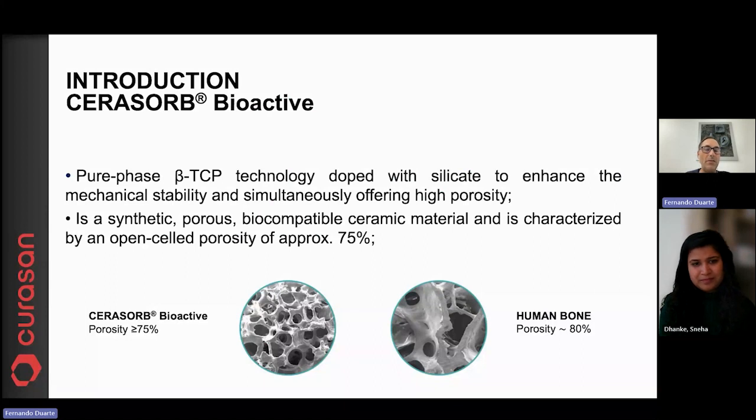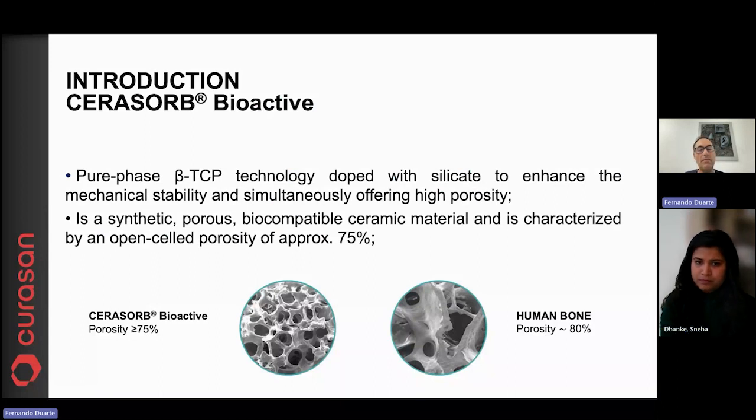With this bioactive, it is important to know that we are talking about pure phase beta tricalcium phosphate technology with silicate, which is a boost that improves the quality of the biomaterial for biomechanical stability and also gives high porosity.